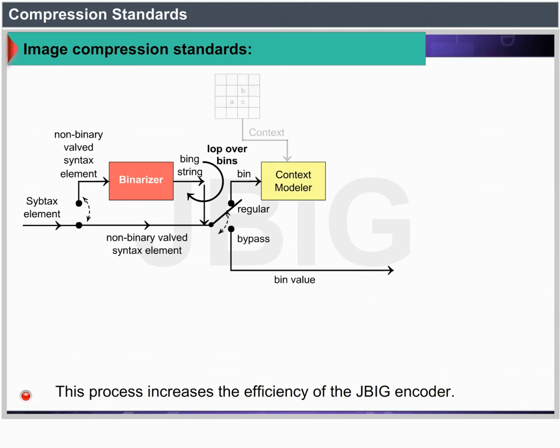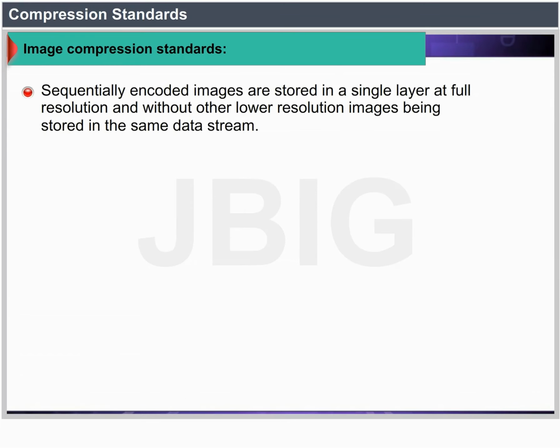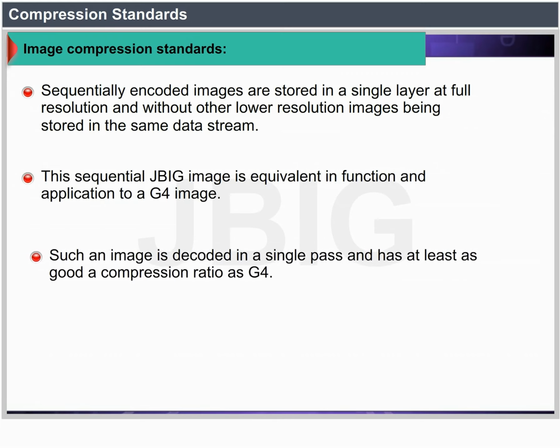JBIG images may be encoded sequentially or progressively. Sequentially encoded images are stored in a single layer at full resolution and without other lower resolution images being stored in the same data stream. This sequential JBIG image is equivalent in function and application to a G4 image. Such an image is decoded in a single pass and has at least as good a compression ratio as G4.